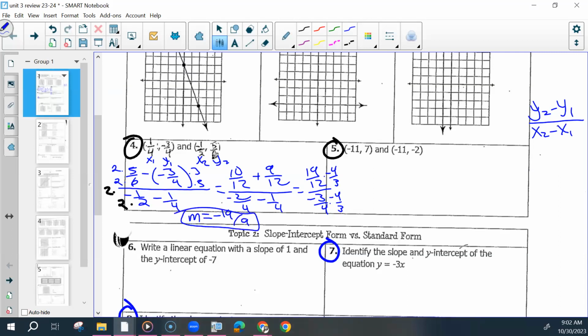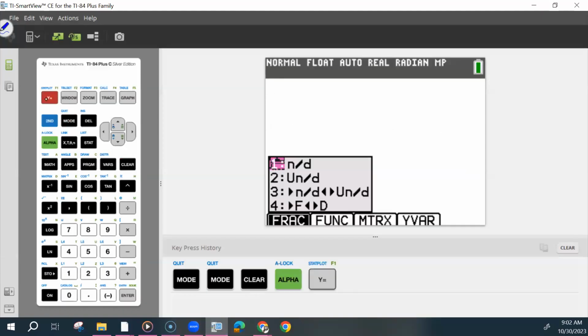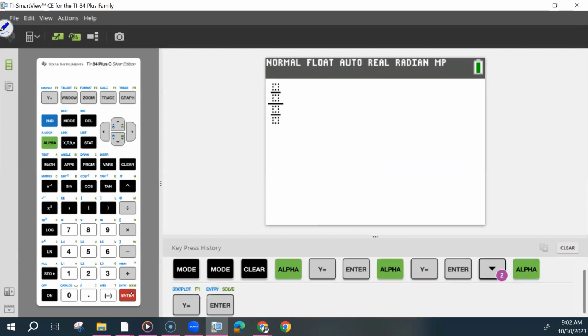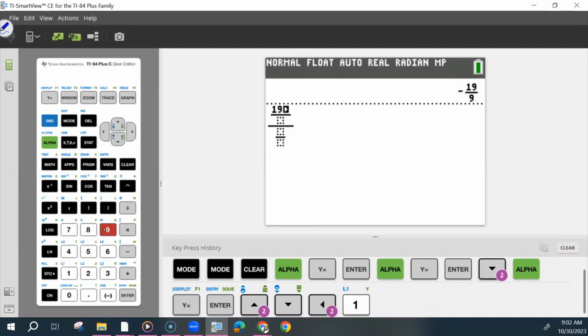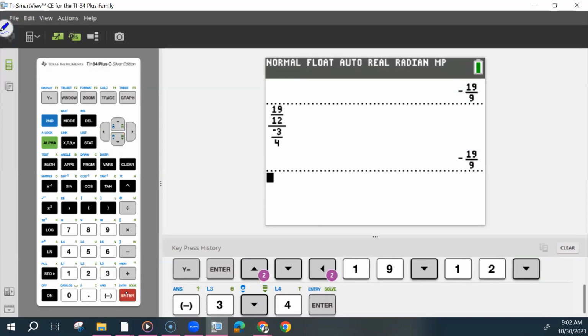Or you could put it into the calculator, but you have to do exactly as I do. Alpha y equals. Do it again. Go all the way to the bottom and do it again. And then put in your fraction. If you don't put it in exactly like that, you will not get -19/9. Question on that?